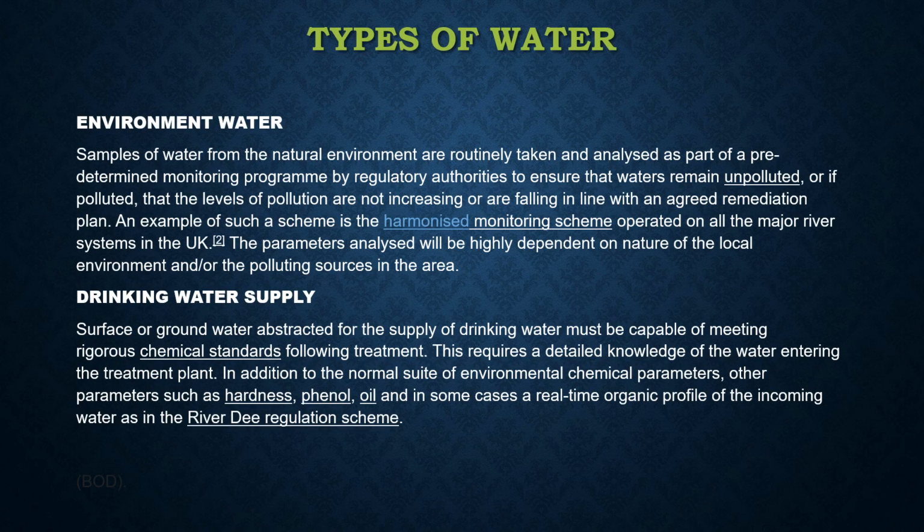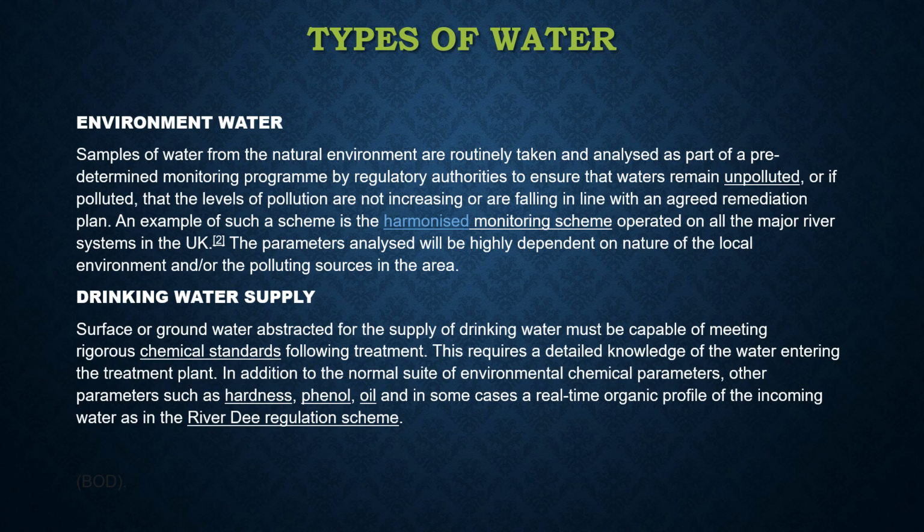The types of water. Environmental water. Samples of water from the natural environment are routinely taken and analyzed as part of predetermined monitoring programs by regulatory authorities to ensure that the water remains unpolluted, or if polluted, that the levels of pollutants are decreasing or falling in line with an agreed remediation plan.